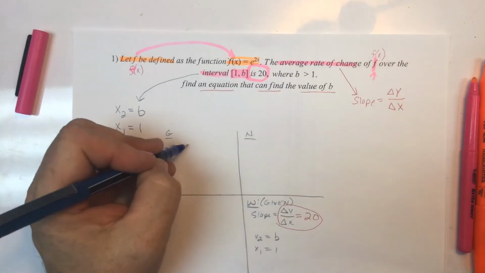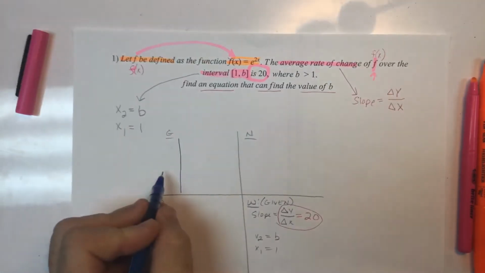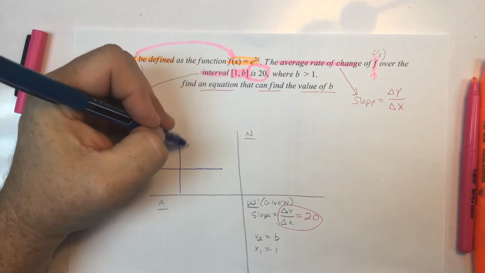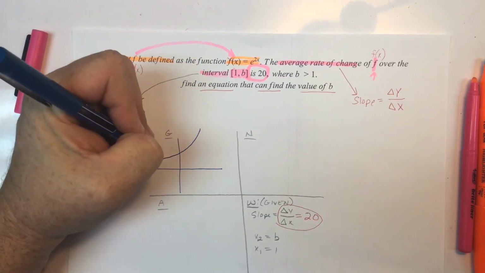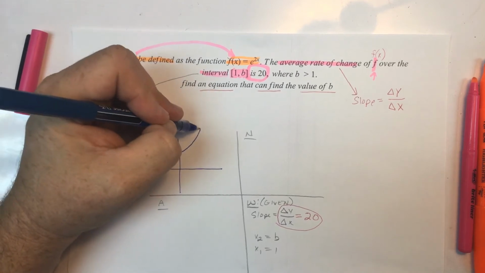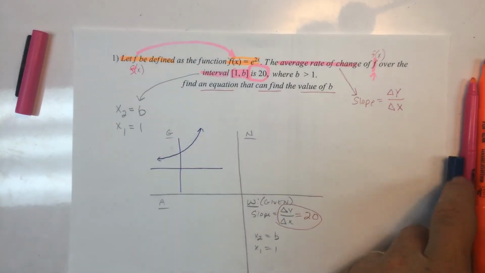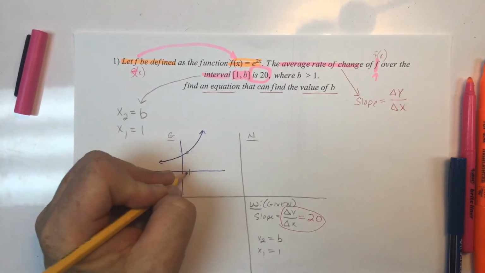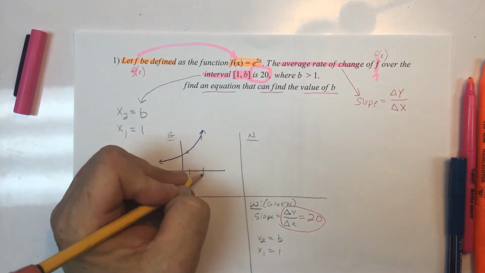we have this line, and we don't know what this line looks like. So we'll just graph it. It really doesn't matter, but if you'd like to graph it accurately, you could. We have this line that looks like this. Okay? And we know from 1 to b.